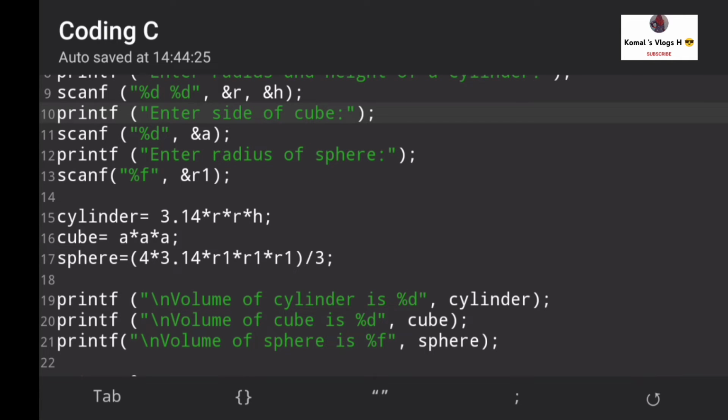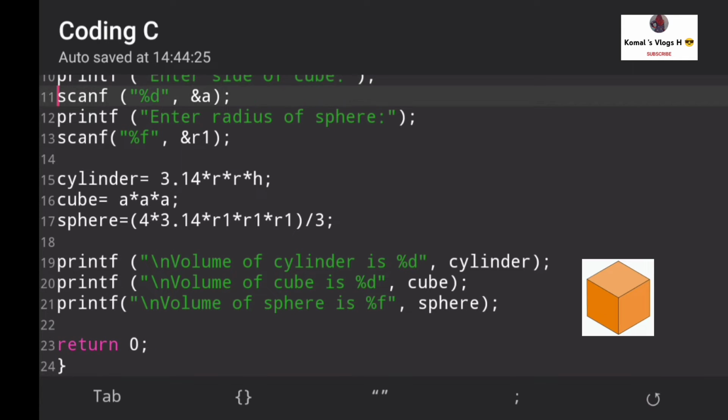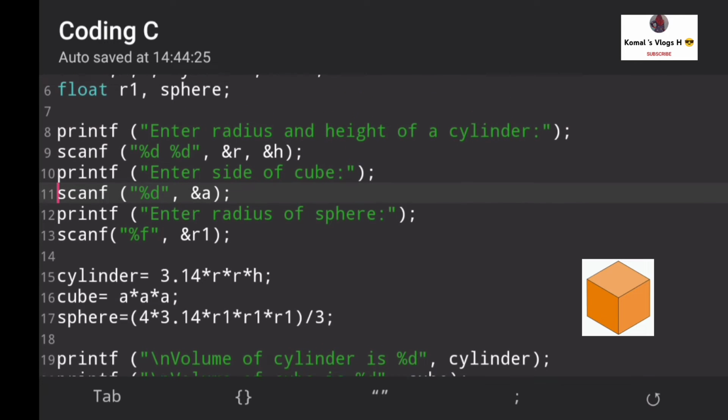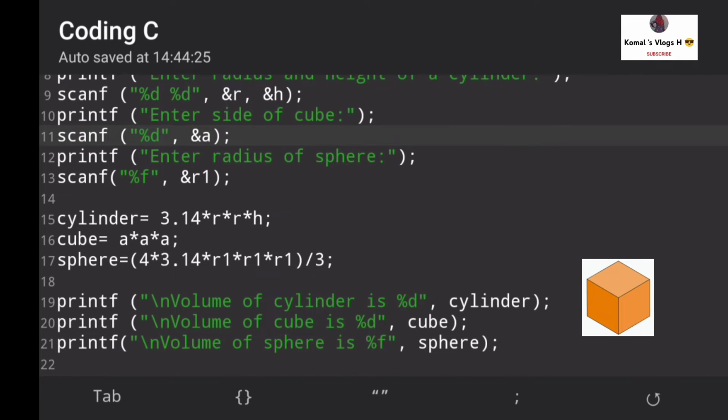Here I'm showing these shapes in front of you. This is the first shape, the cube. The formula is a into a into a, a cube. Only the a measurement is used to find the volume of cube.